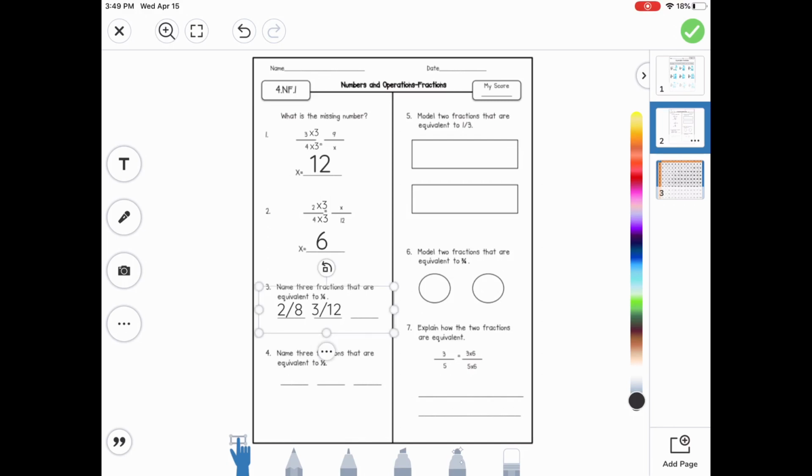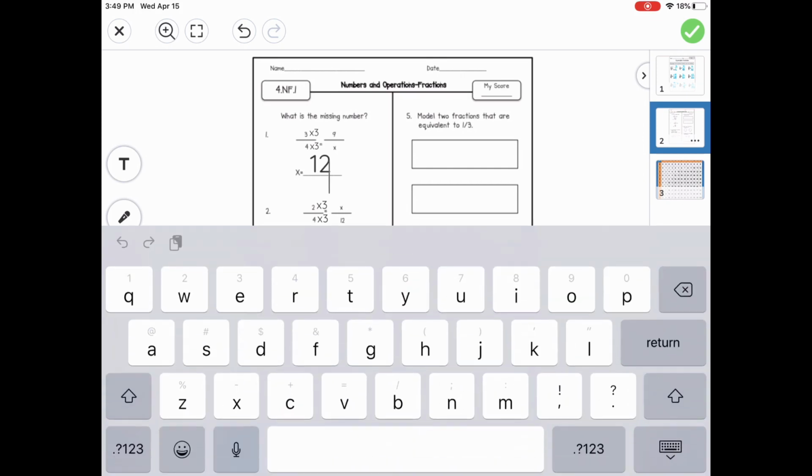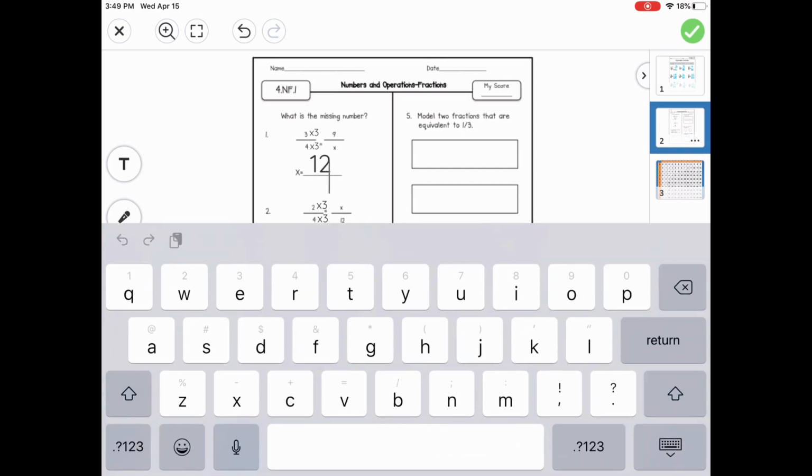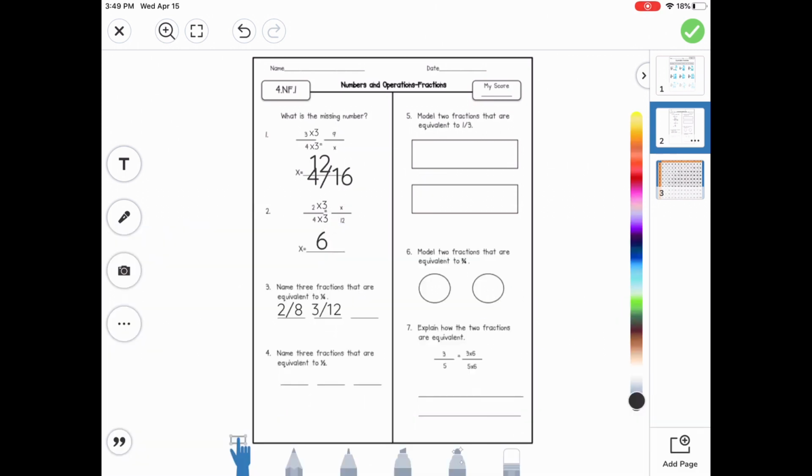And last but not least, I think I want to multiply 1/4 by 4. 1 times 4 is 4. 4 times 4 is 16. Those were just 3 of the answers that I got. Yours might have been different depending on what you multiplied by.